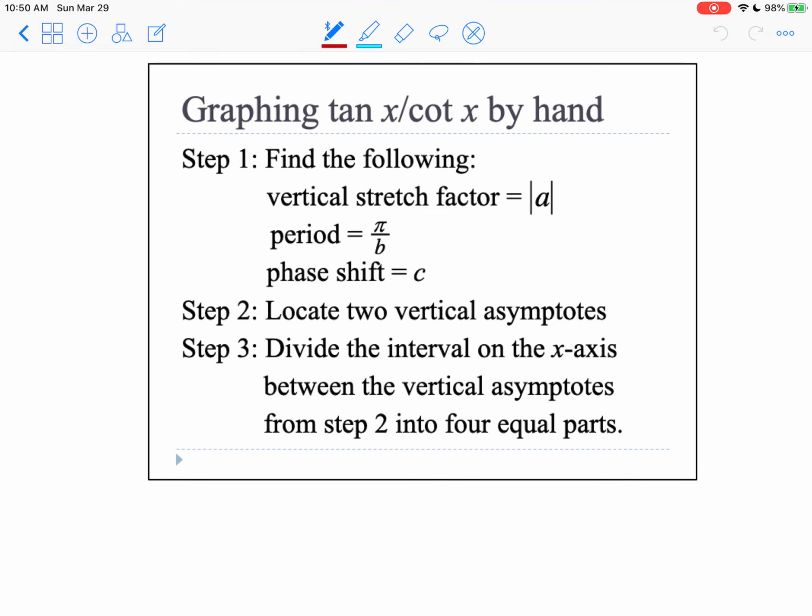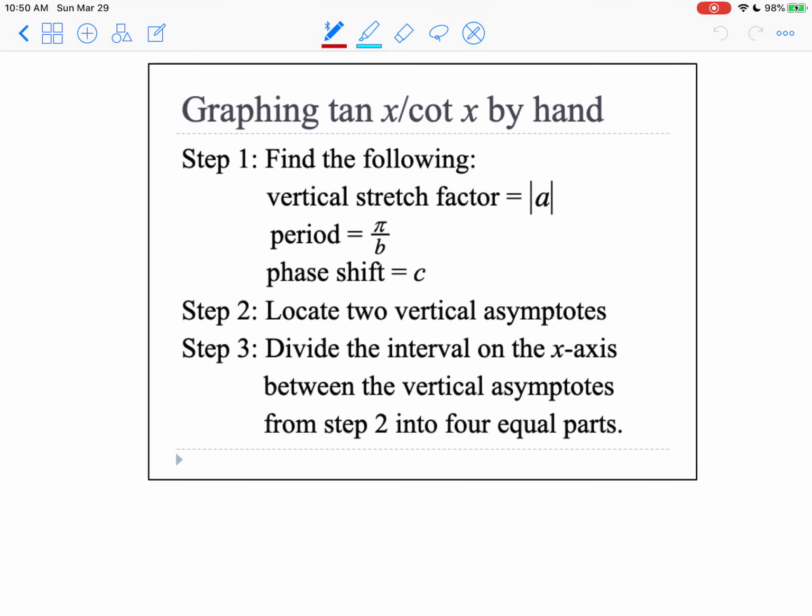Okay, so if we're going to graph tangent or cotangent by hand, we first find the vertical stretch factor, a, which is no longer called an amplitude because these are no longer wave functions. They don't look like waves, and so it's just called a vertical stretch factor again.